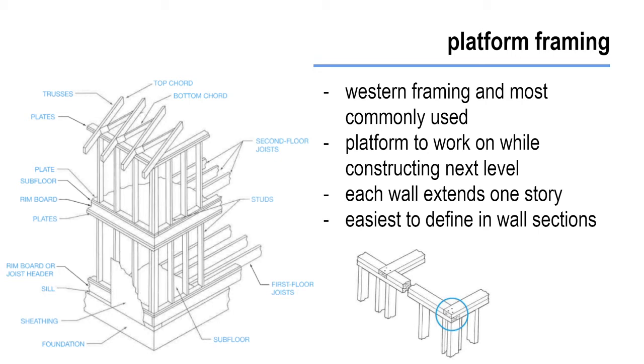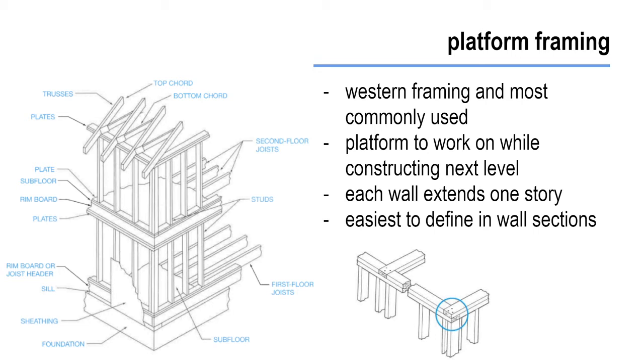And the top of the studs are held in position by a top plate, which is usually a double top plate, which overlaps at the corners of the intersecting walls to kind of help tie them together. In some construction, that second top plate is not used, and instead metal framing clips are used to tie intersecting walls together.